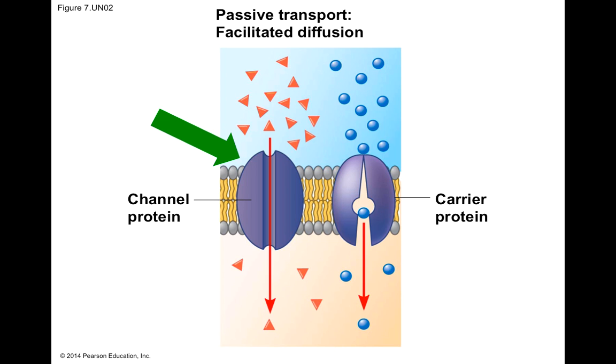Channel proteins on the left create a tunnel for the hydrophilic molecules to pass through. It basically shields the molecules from the hydrophobic part of the membrane. The other type of transport protein is called a carrier protein. When a molecule binds to a site on the carrier protein, it changes shape and shuttles the molecule to the other side of the membrane.